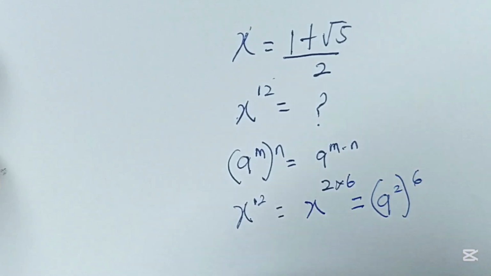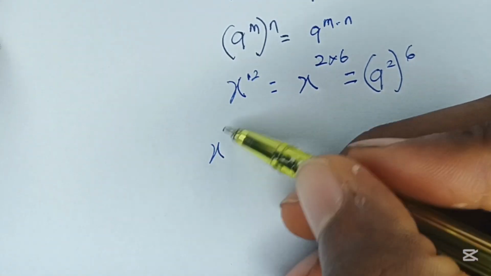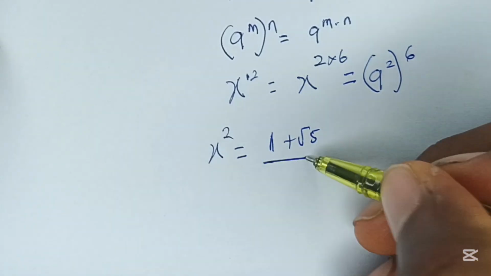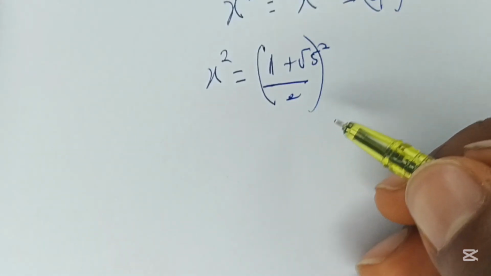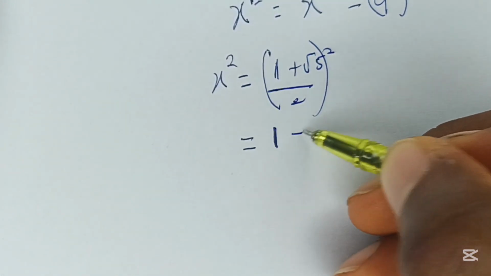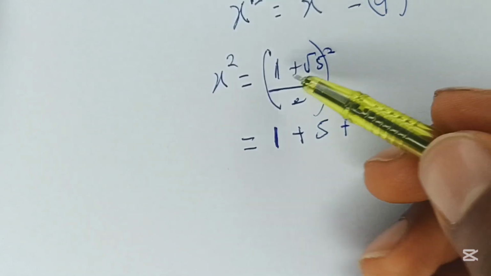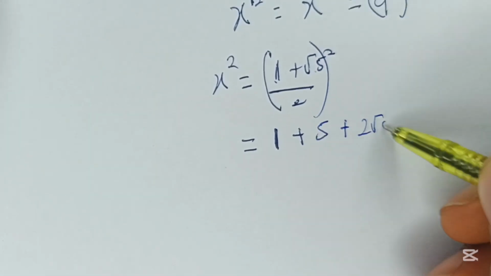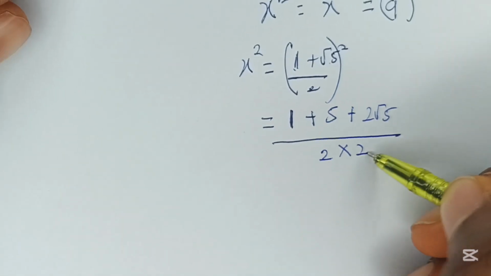Moving on, we now have that x squared is equal to ((1 plus root 5) all over 2) raised to the power of 2. This is now equal to 1 squared is 1, plus root 5 squared is 5, plus 1 times root 5 is root 5 times 2 is 2 root 5, all over 2 squared, which is 2 multiplied by 2.